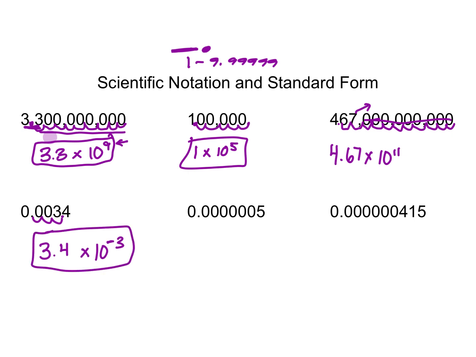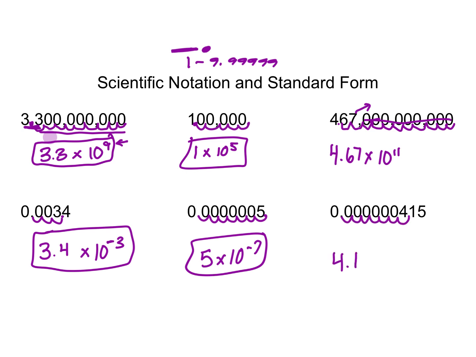Teeny tiny numbers get negative exponents. Let's do this again. I'm moving to here. 1, 2, 3, 4, 5, 6, 7. 5 times 10 to the negative 7th. And to here. 1, 2, 3, 4, 5, 6, 7. 4.15 times 10 to the negative 7th again.